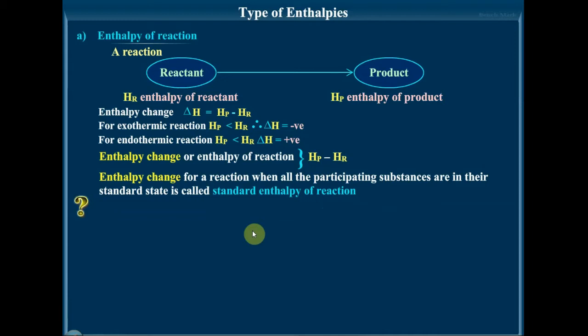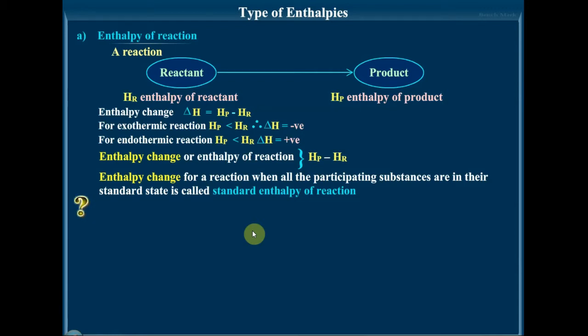So as the temperature changes, the enthalpy change also will change. If you want to compare two reactions, we have to fix the temperature and pressure. Only then can we do the comparisons. So for the sake of comparison, it is more appropriate to express the values of delta H for different reactions in their standard state conditions.